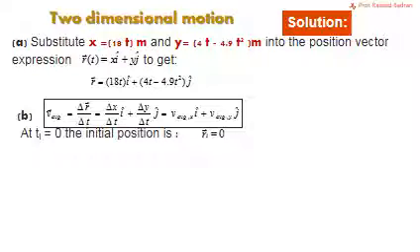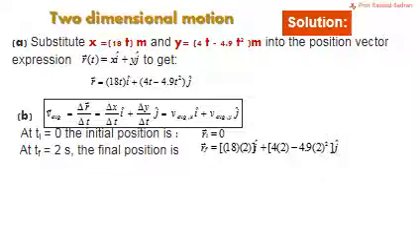You're going to get r initial, the position vector at t equals 0, equals 0. To get r final, you just substitute 2 into the same equation. You're going to get r final as 36 i hat minus 11.6 j hat.